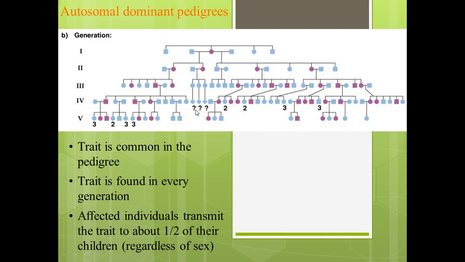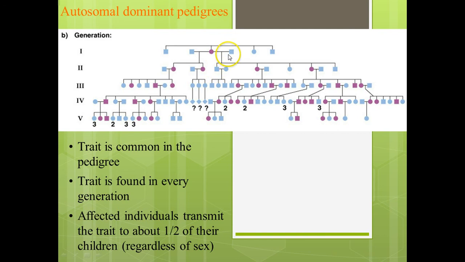Something to note here. If we look at, for example, apparently this female here mated with two different males. These are the children from the first mate, and these are the children from the second mating. Only the ones that are connected with this line that runs down like that are actual children. If it doesn't have a line that connects to that offspring line, that means that is who that child married or mated with.